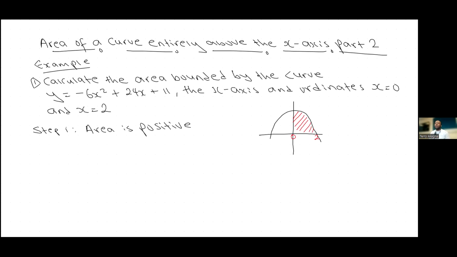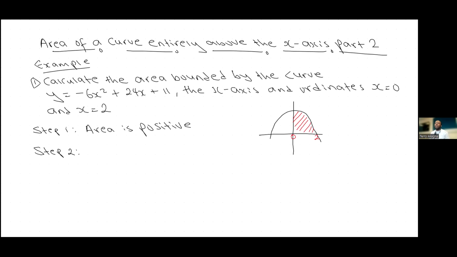Now, step 2. We are going to be integrating this between 0 and 2. So the upper limit here is going to be 2 and the lower limit is going to be 0. I told you that the definite integration of a curve gives you the area from that curve to the x-axis, but we're only interested from 0 to 2.